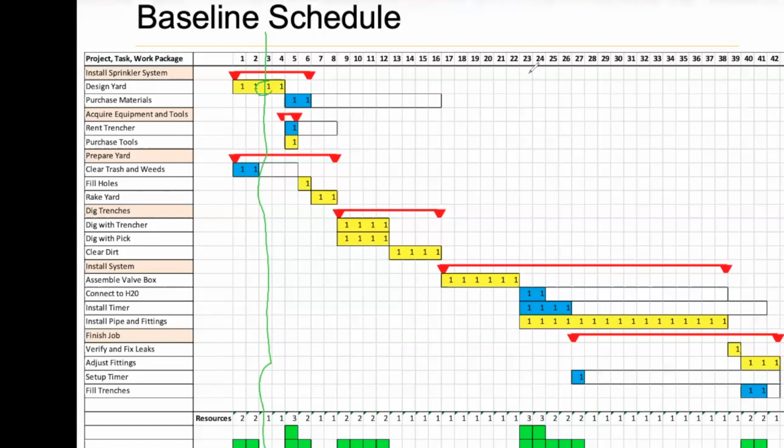Let's take the 23rd hour. I want to see what's happening in the 23rd hour of my project. Me and my son are working, and every square is a manpower, a labor. Look, there's 1 hour labor here, 1 hour labor here, 1 hour labor here.